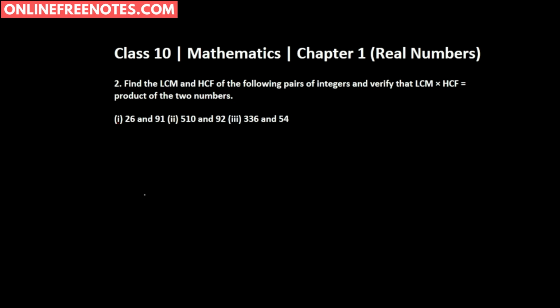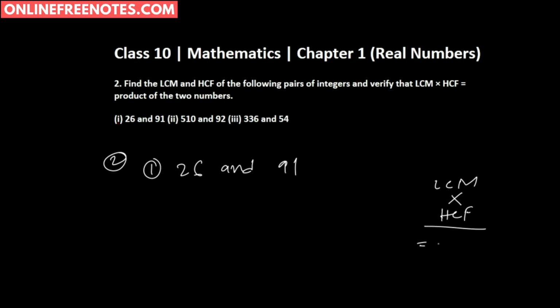So let's solve them. We have the first sum, which is 26 and 91. We will first find the LCM, and then find the HCF. After we have found them, we will multiply these two, and our answer should be equal to the product of the numbers.